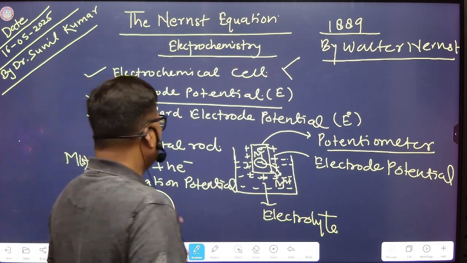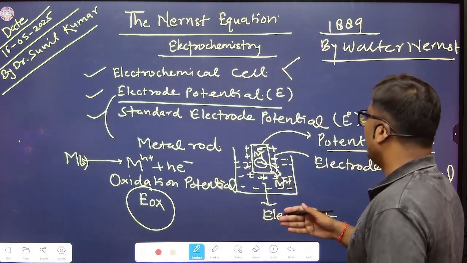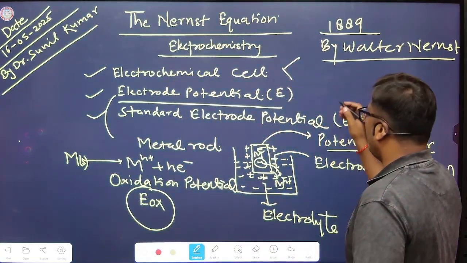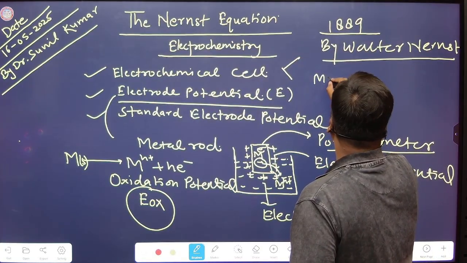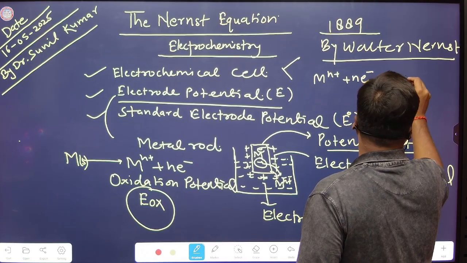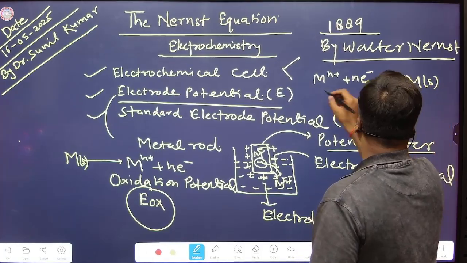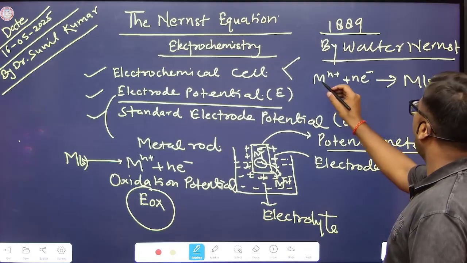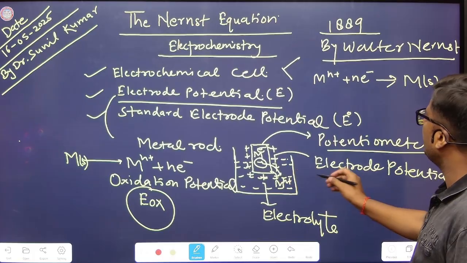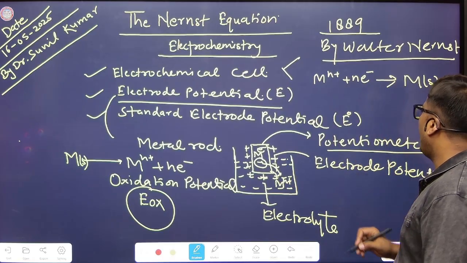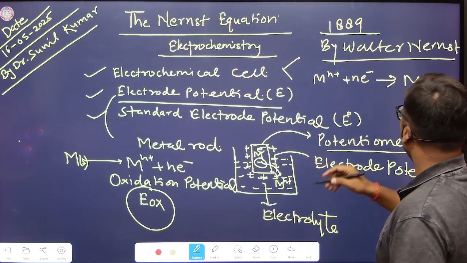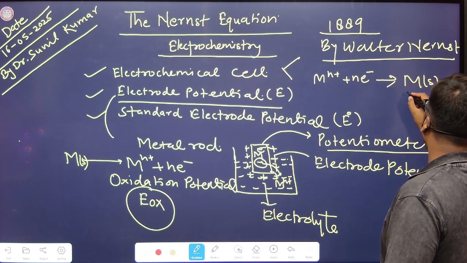Suppose there is a possibility of a reverse reaction, meaning M^n+ plus n electrons gets back to M solid, right. So this is the reduction reaction. It means the cation from the electrolyte solution gets electrons from the surface of the metal rod and is reduced back into the metal.